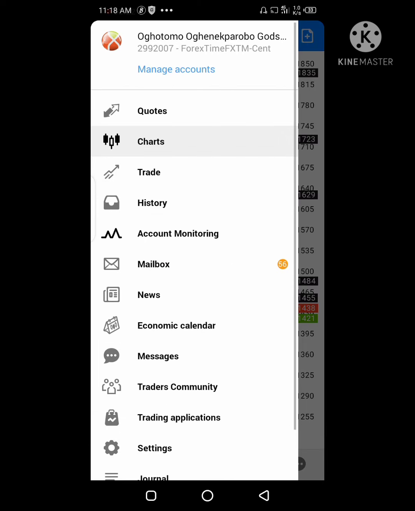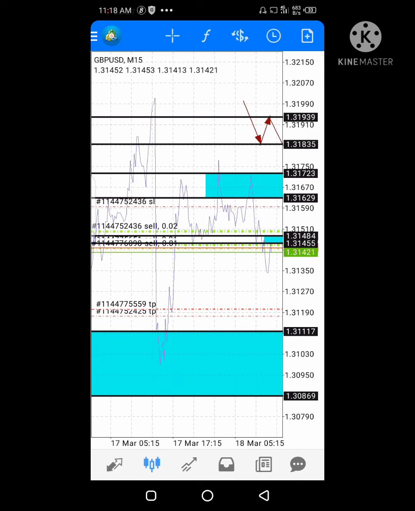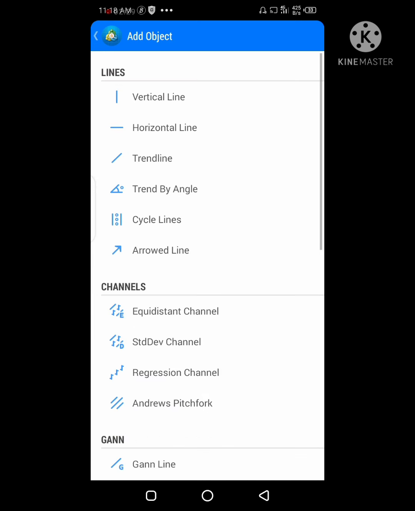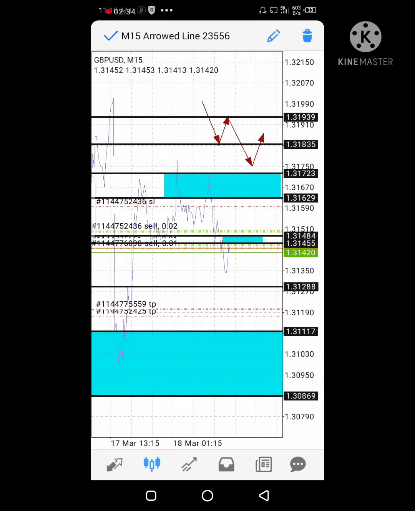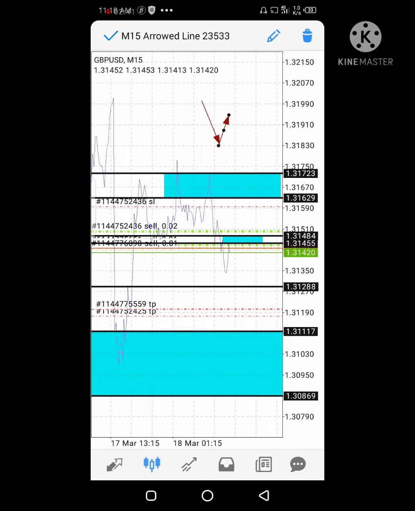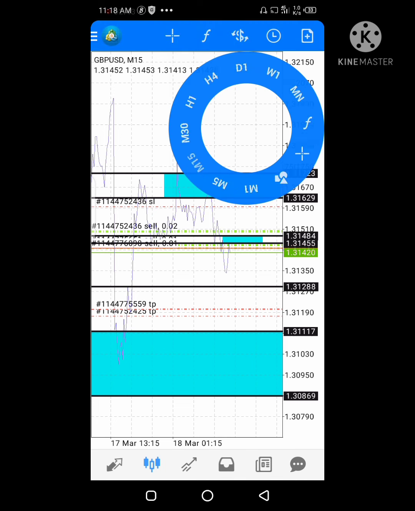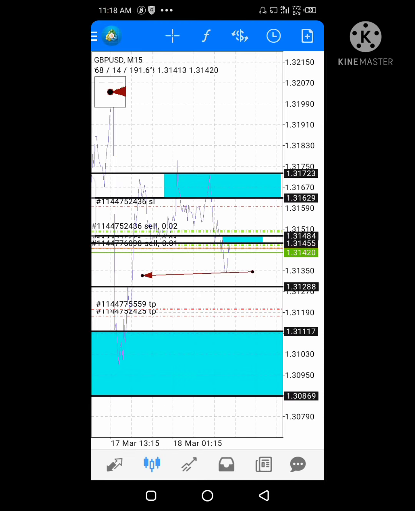For this 15 minutes, I'm just going to change to line chart also. My first take profit would have been here. I'm just going to delete all these arrows and bring out a new arrow. So my first take profit would have been here, but as you can see, price touched it here and pushed up.